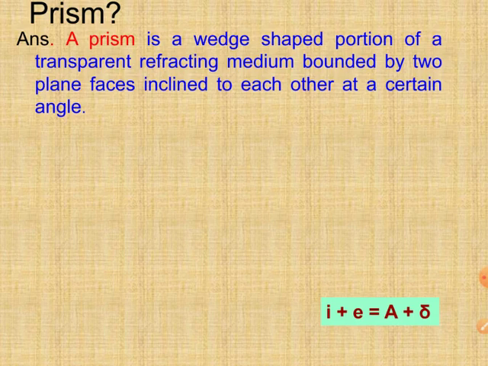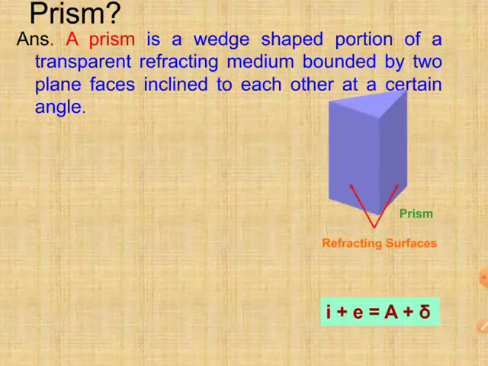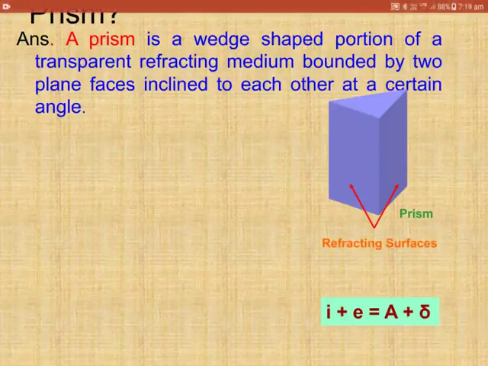Let's see the actual diagram or picture of this prism, and I will tell you what it is as per the definition I have given you about the prism. Now let's see, this is a prism, and these two are shown with the refracting faces, here and here like this. These are the refracting plane surfaces.